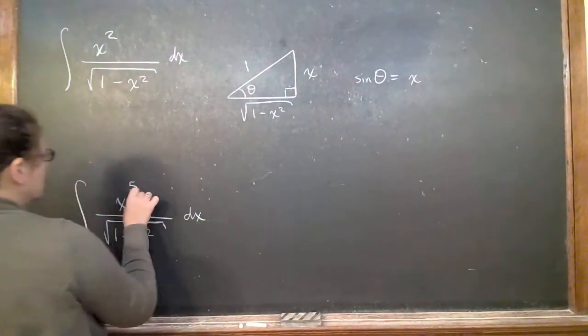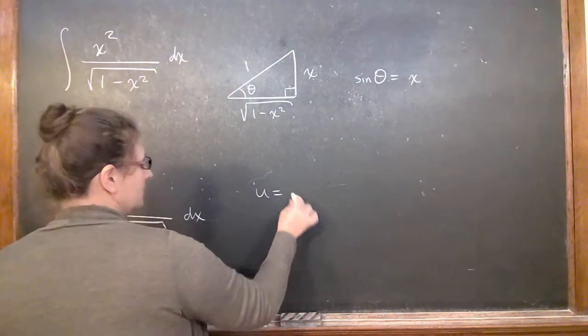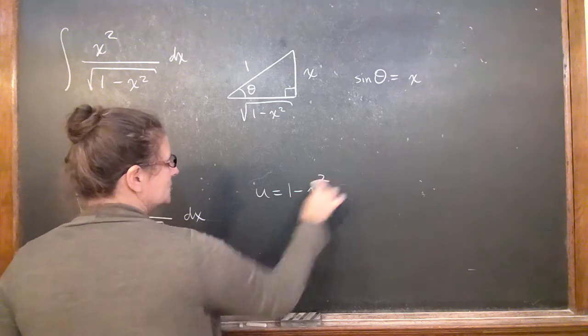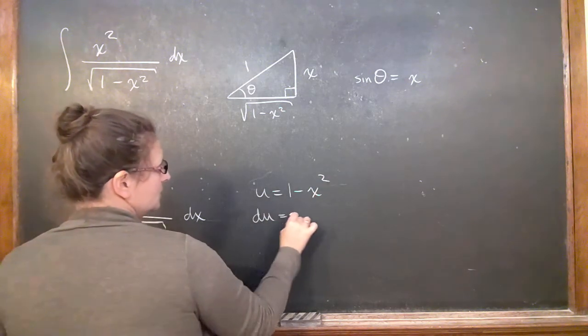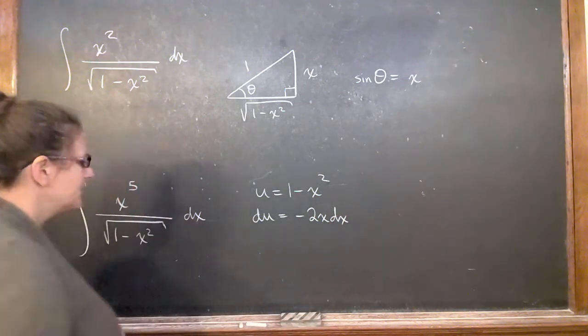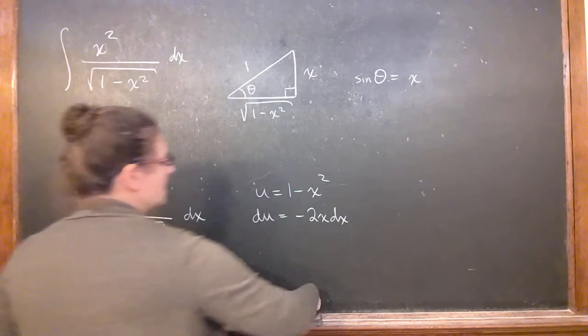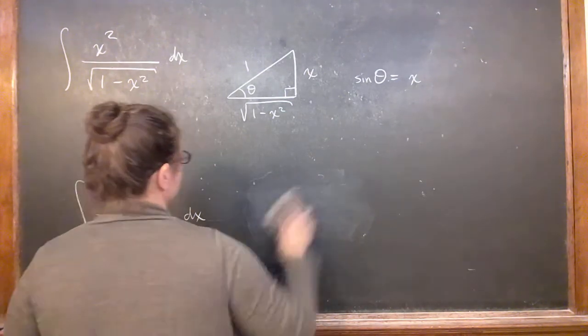This guy, our choice is if we instead do u being 1 minus x squared, then du is minus 2x dx, right? So what I can do, I should not have done it that way. Let me put it up here.